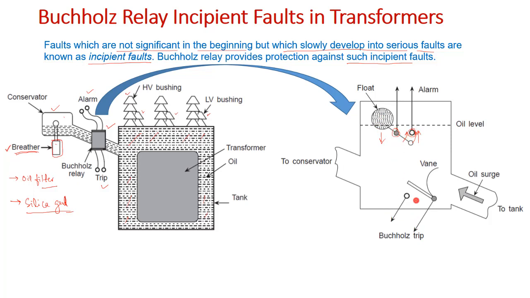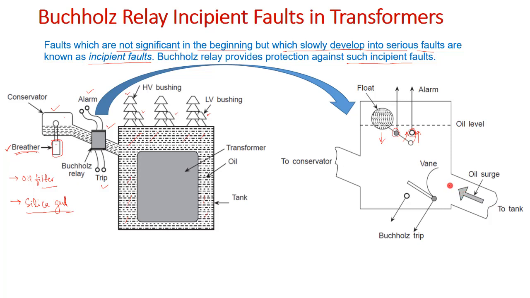Similarly, there are another two contacts we can see here. These are called trip contacts. This is connected through a vane, a vane-like structure, and there is a contact which shorts. Whenever some gas is formed inside the oil because of interturn faults or because of a local hotspot in the core or inside the other elements, the gas expands the oil.